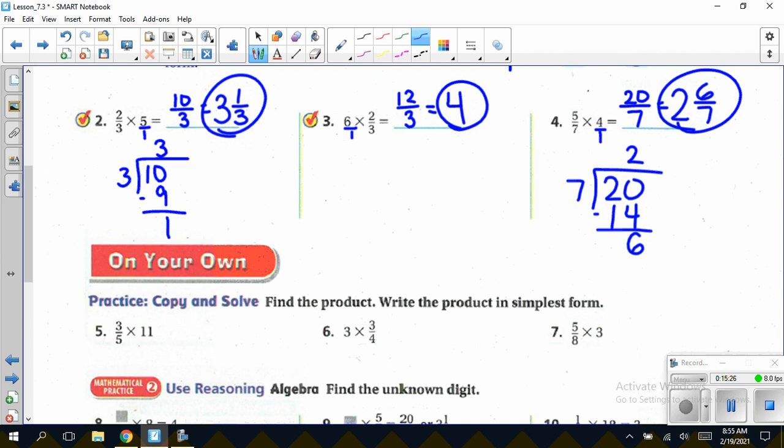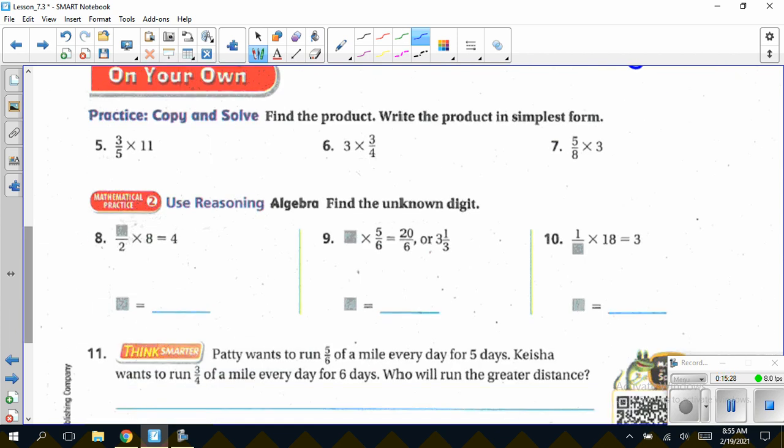Now, at this point, I would pause, work through 5, 6, and 7, and then when you turn it back on, I will have the answers, and then you can check your answers with mine. So for number 5, your improper fraction is 33/5, and when you T-bow, you get 6 3/5.